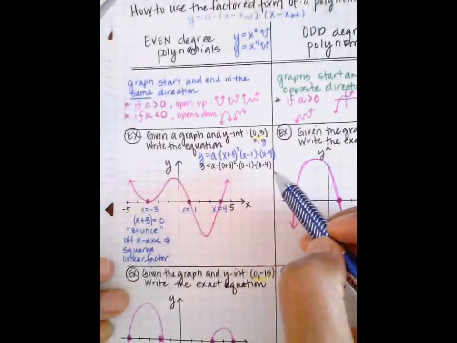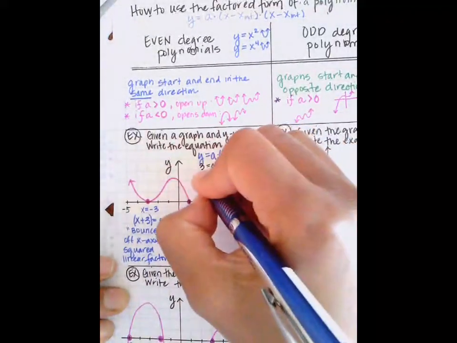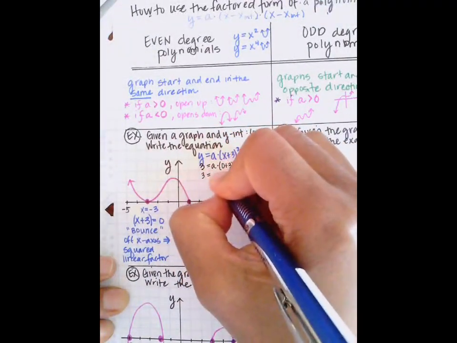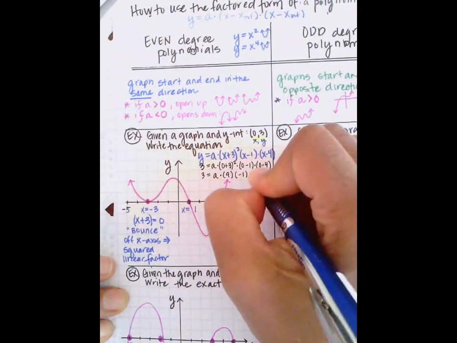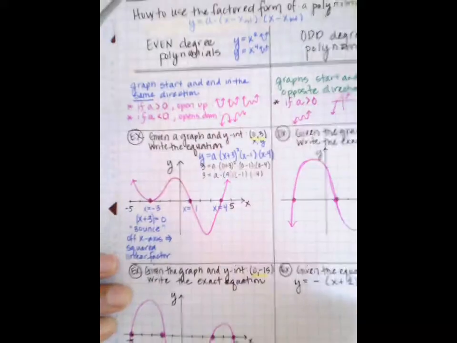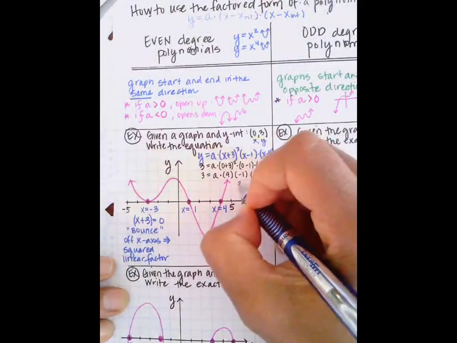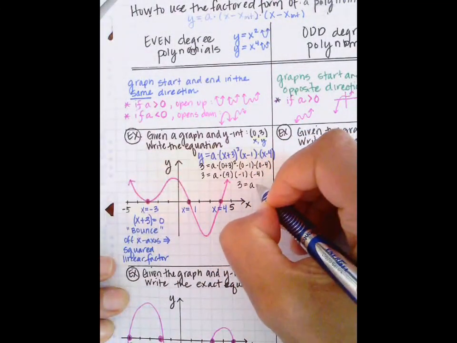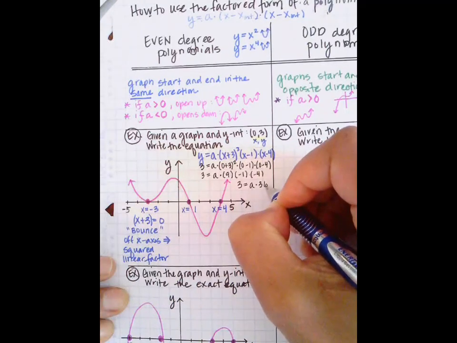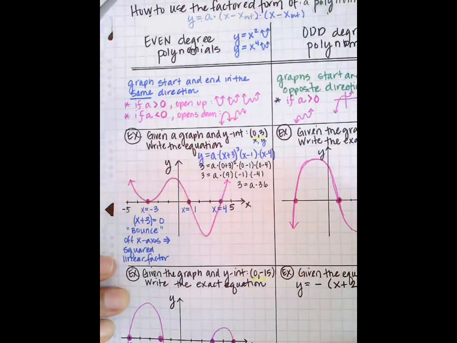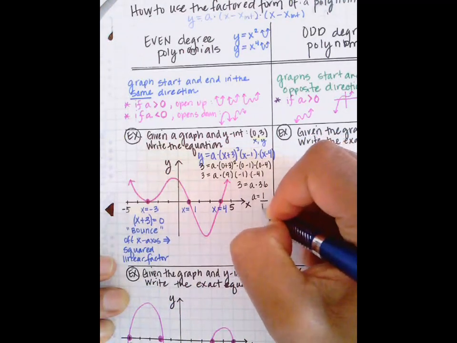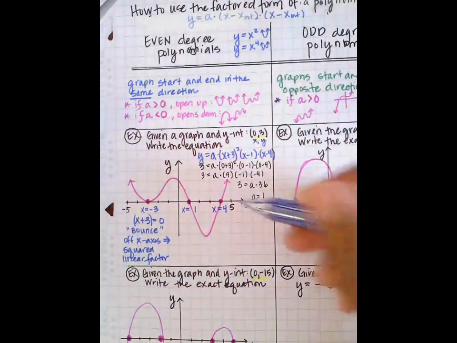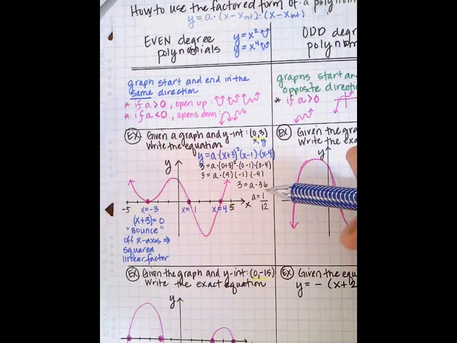And thinking about simplifying this perhaps in one step, I've got 3 equals a times, and this would be 9 times negative 1 times negative 4. Those two negatives will become positive. And so this is saying 3 equals a times a positive 36. And so if you divide both sides by 36, you would get a equals 1 over 12, since 3 goes into 36 12 times, but since you're dividing both sides by 36, it's 1/12.